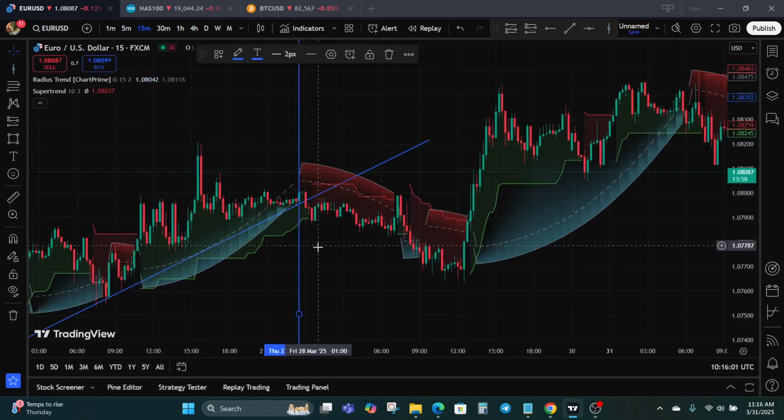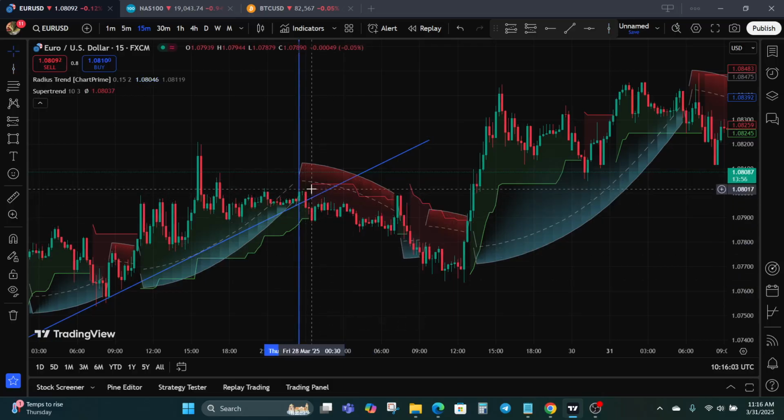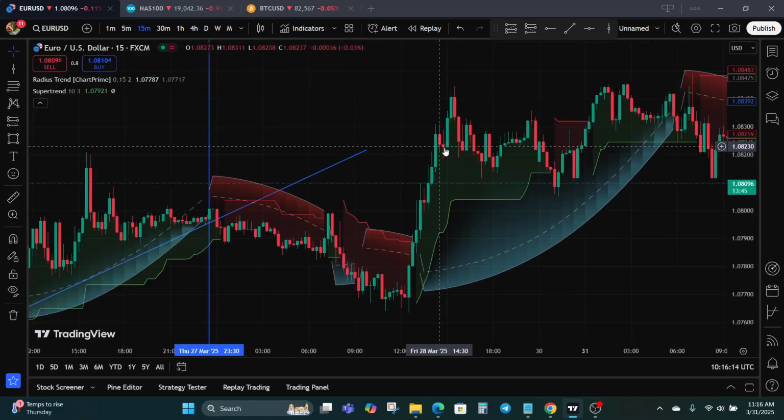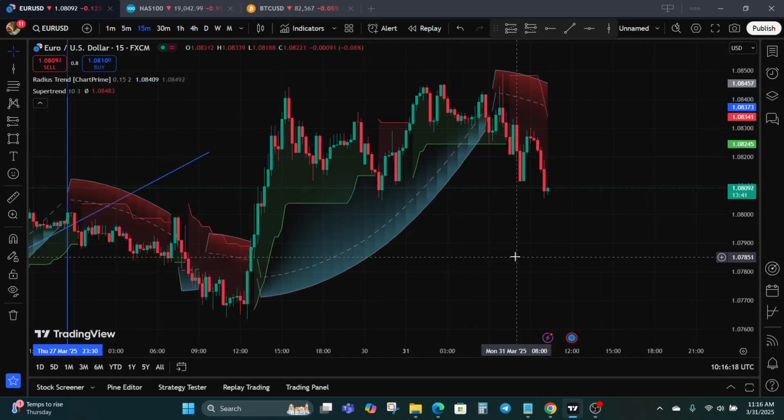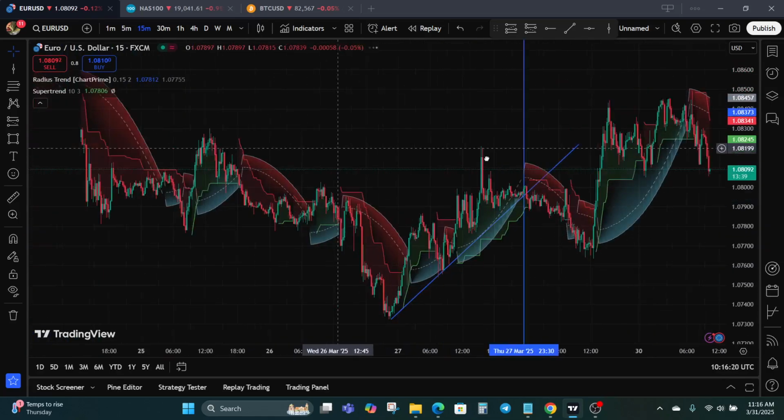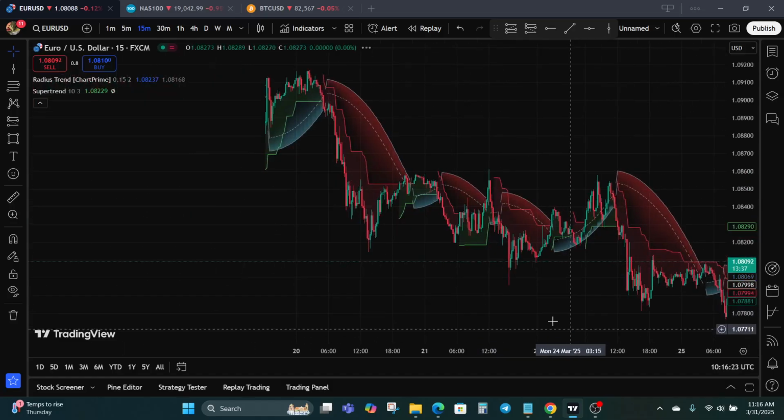But the super trend gave its own sell signal around here. So basically the radius trend was faster. That is one of the good sides of the radius trend in comparison to the super trend.